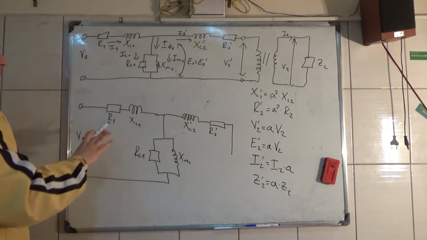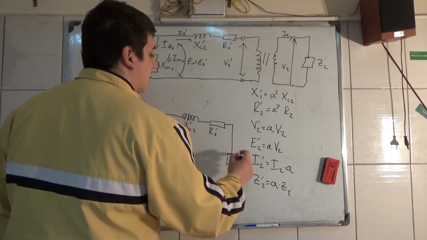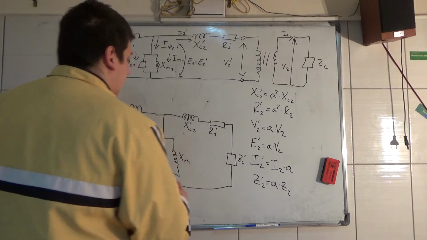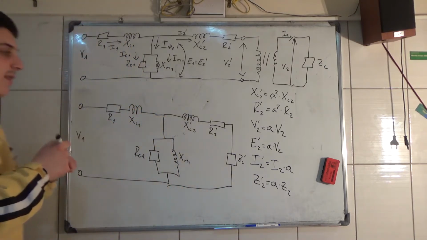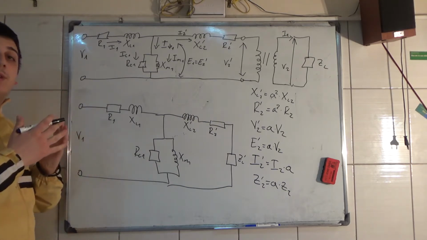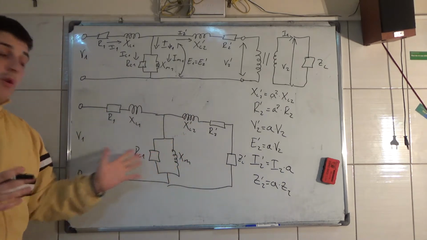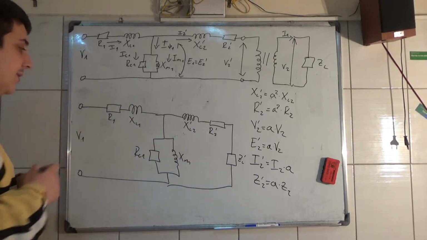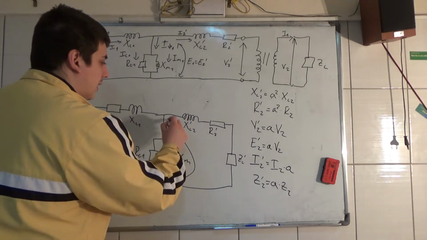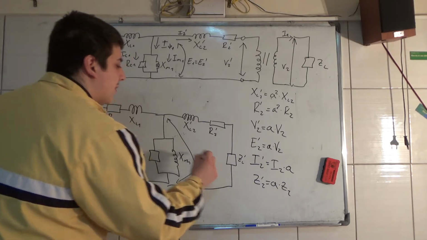Now looking from the primary side, now this is the equivalent circuit. Looking at it from the primary side, you could do that all on the secondary, but this is more commonly used. Now the induced voltage from here to here is equal to E1 times E2 prime.